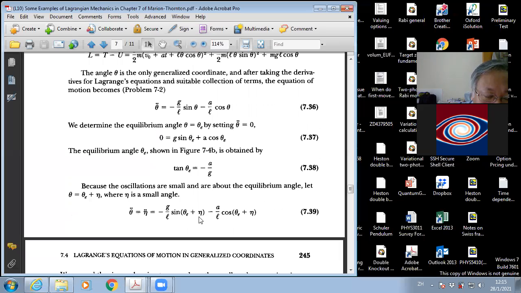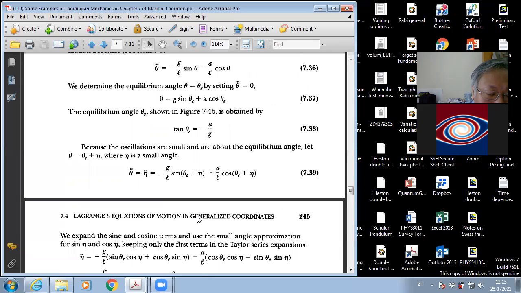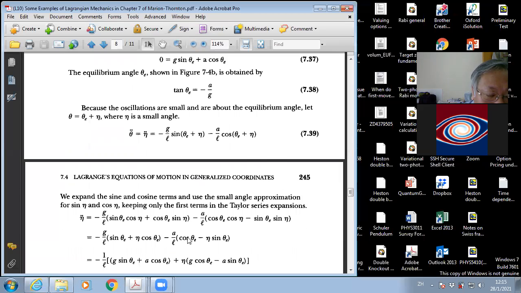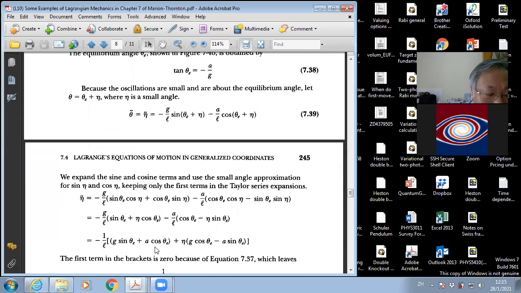Now, remember that eta is very small, so we can approximate it by taking only the first terms in the Taylor series expansion.